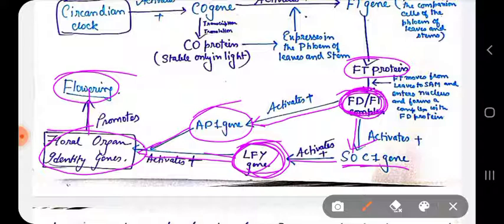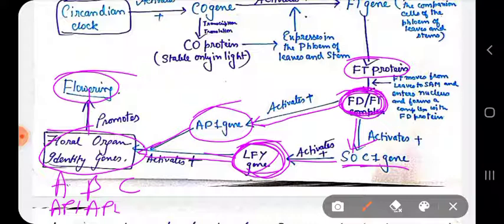In the next video, I will try to discuss the ABC model of flower development, that is the class A, class B, class C genes, which are found in the floral organ identity genes. Okay, the floral organ identity genes are divided into three classes: class A, class B, class C. Under class A there is Apetala 1 and Apetala 2.